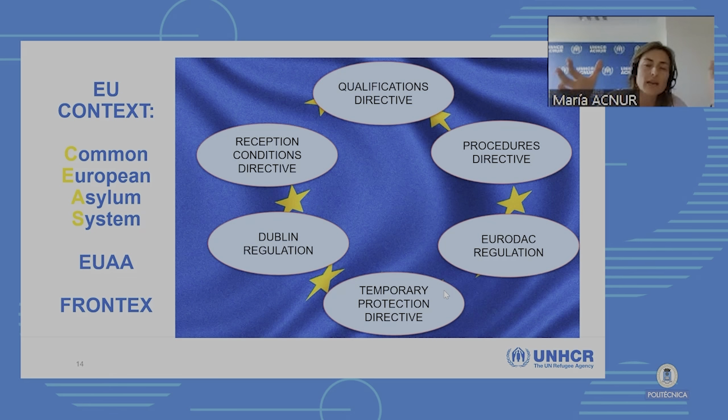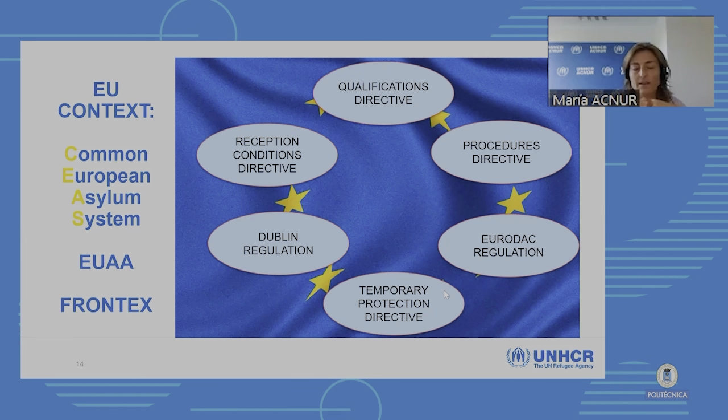The agency aims at these common European asylum systems to be implemented by the states, so that all these regulations are implemented. They also can become operational. They can support states with staff and with technical support. They are, for instance, in Spain, supporting operations in the Canary Islands and supporting a review of the refugee reception model.